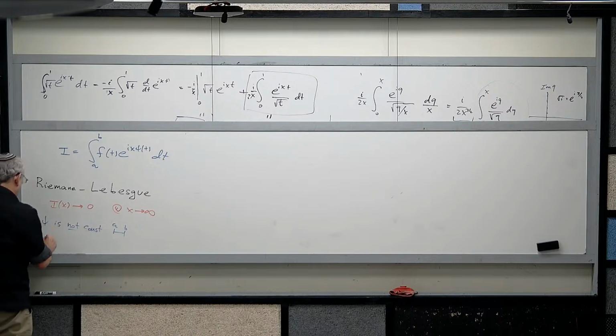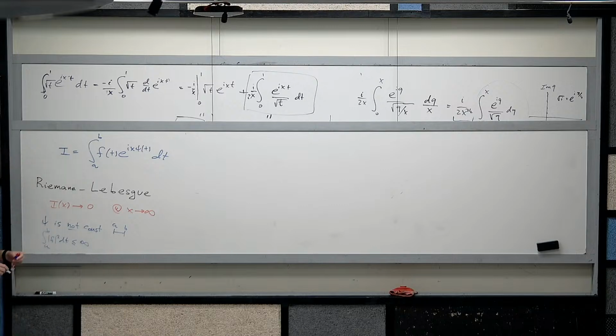We need f to be something. We need the integral from a to b of the absolute value of f squared dx dt to be finite. Without the equal.